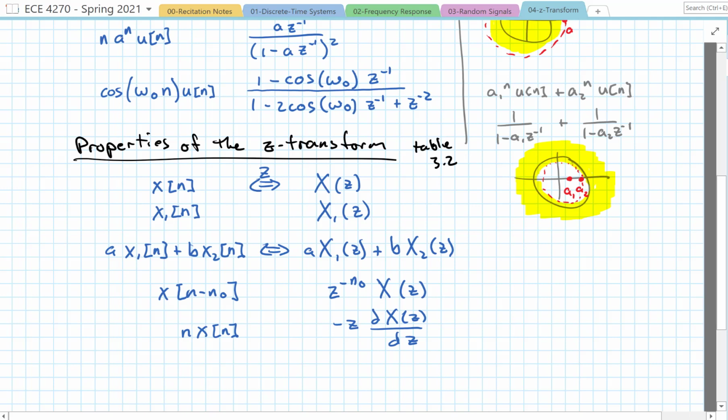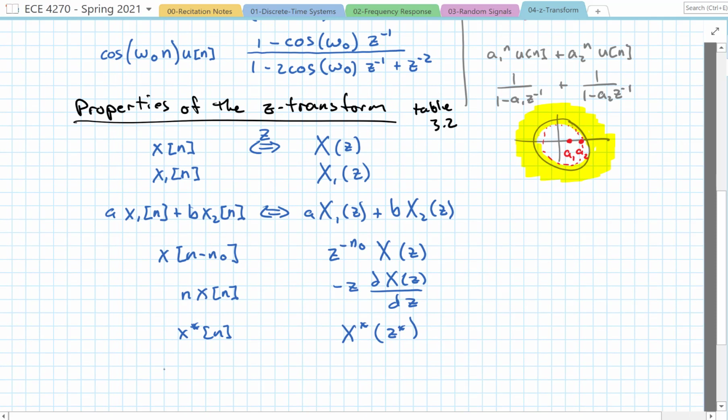Two more properties, and then we'll show where some of these are developed and where they come from. This gives us x star, or conjugate, z conjugate.